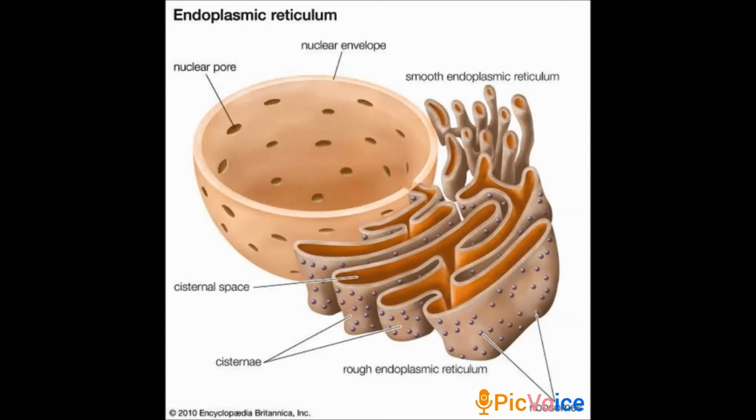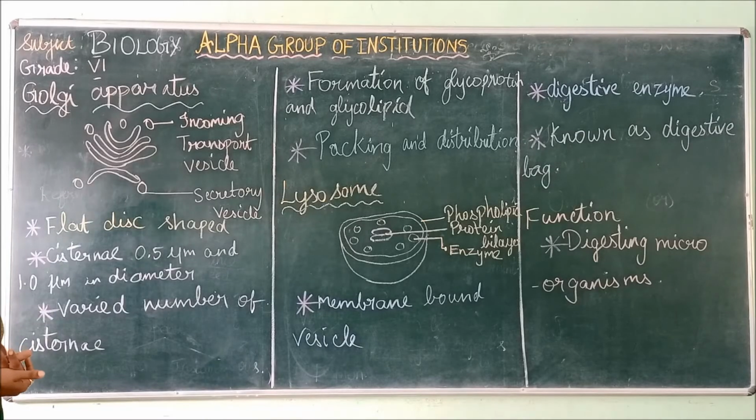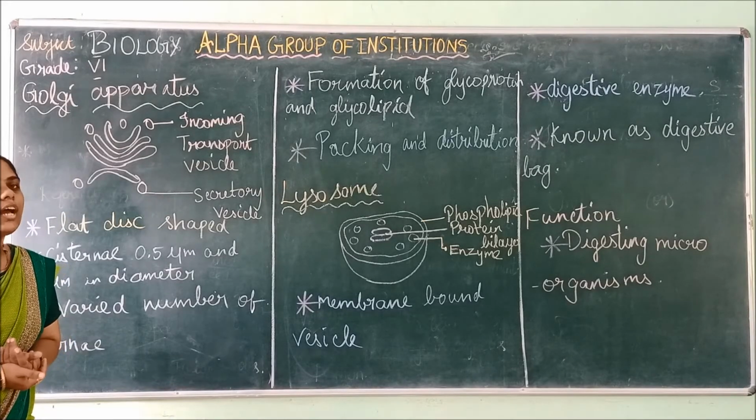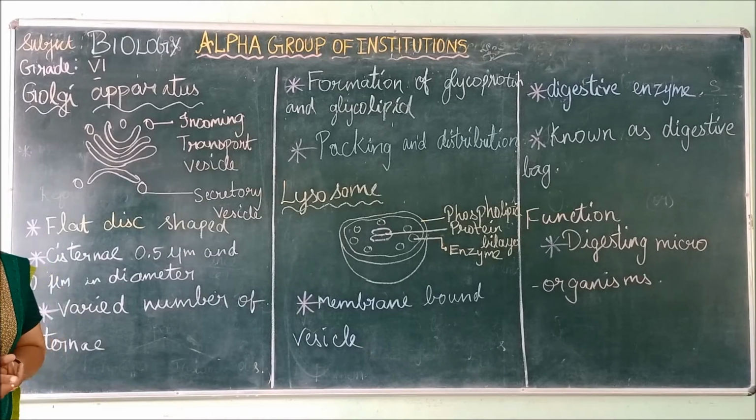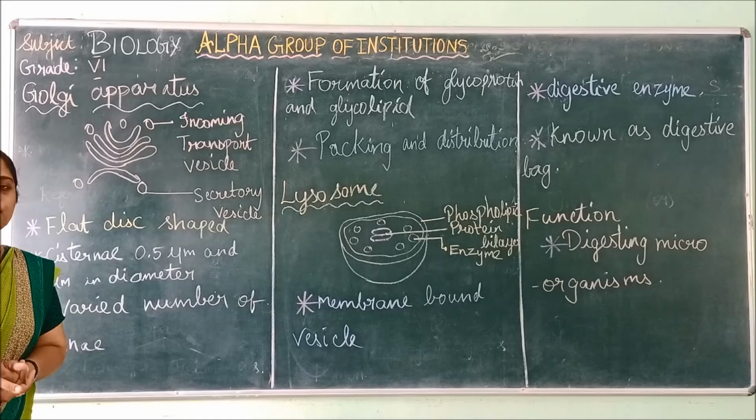So this is the structure of endoplasmic reticulum. The next organelle that we are going to see is the Golgi apparatus. In the last class, I told you about the endomembrane system. What are the organelles that we considered in it?